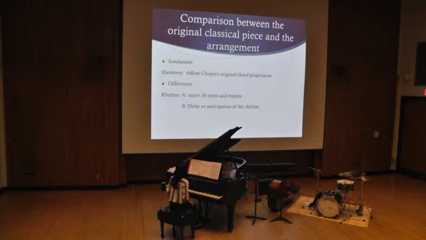And then the similarity between the original classical piece and the arrangement. So, as I mentioned before, Cicero follows Chopin's chords. So there is not much difference. He didn't really alter the chord progression. The difference is that he inserts 16th notes and triplets, and he also uses delay and anticipation of the rhythm.